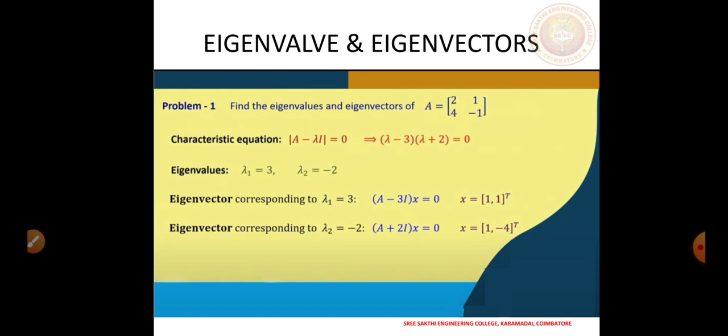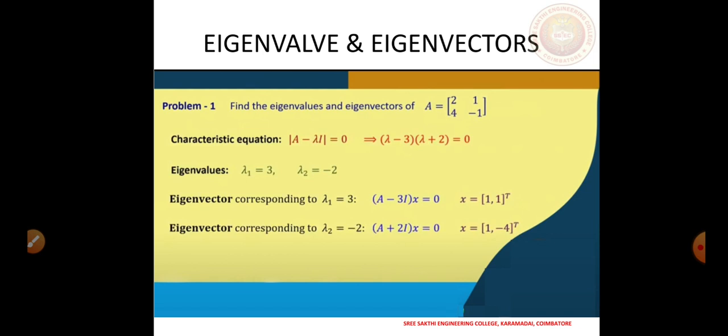The matrix here is 2 minus lambda, 1, 4, and minus 1 minus lambda. That is our determinant, which we can always write down directly for the given matrix A = [2, 1; 4, minus 1].